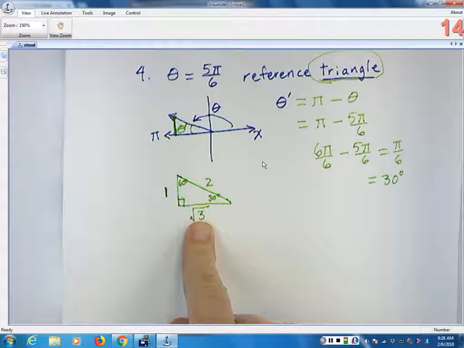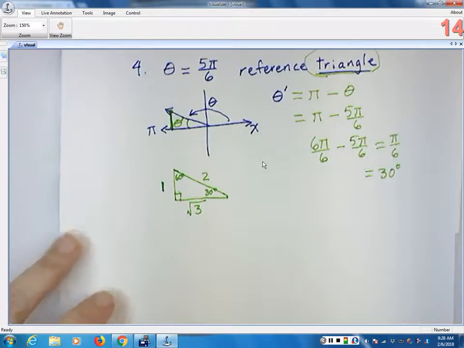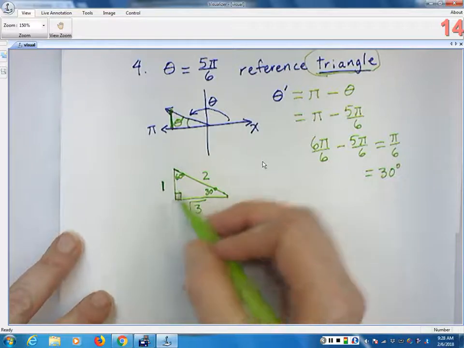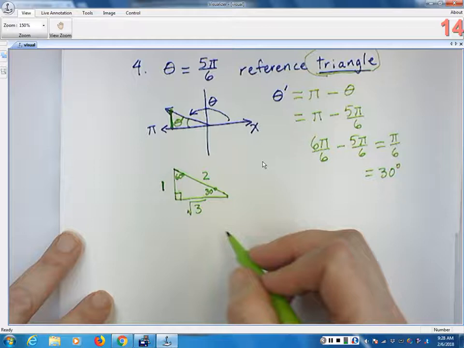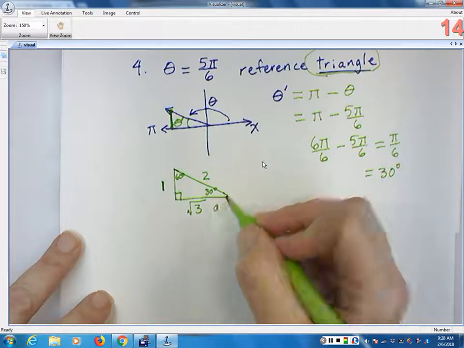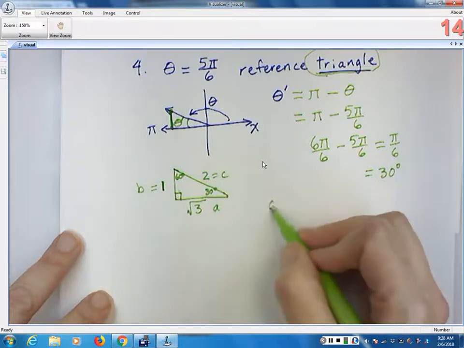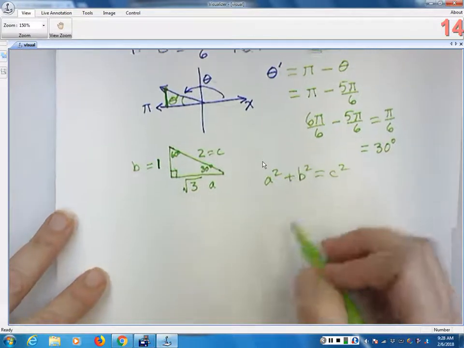I do have it memorized just in case I have a brain fart on the test. Okay. So yes, you could use the Pythagorean theorem if this was side A and this is B and that's C. A squared plus B squared equals C squared.